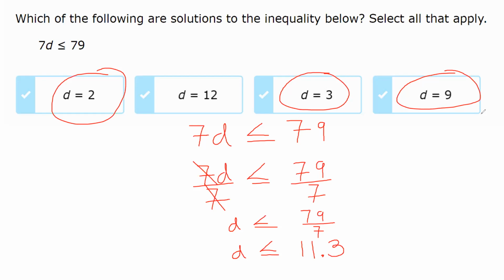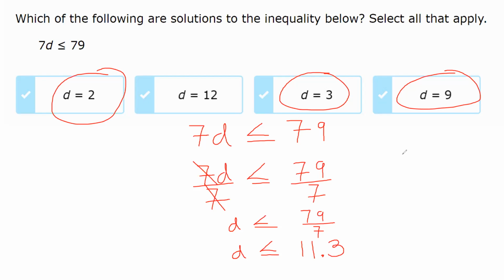Can you explain how we got D is less than or equal to 11.3? Yes, sir. The inequality is 7D is less than or equal to 79. The first thing you want to do is divide both sides by 7.